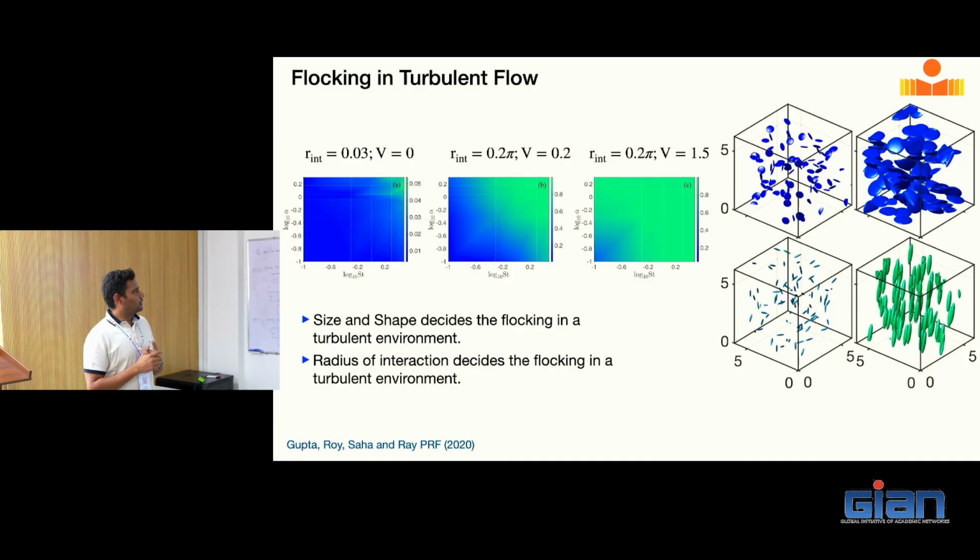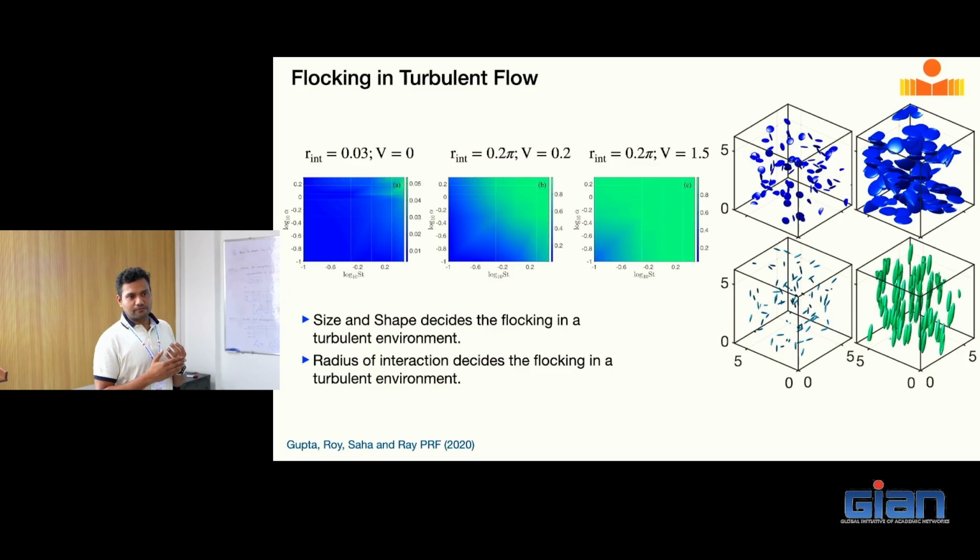The second thing is the Stokes number. If it is close to 1, meaning the lag time and the characteristic flow time are comparable, you will be pushed to the strain-dominated region, which means your local density will go up. Once your local density goes up, you have more neighbors to align with, and that's how flocking goes up.